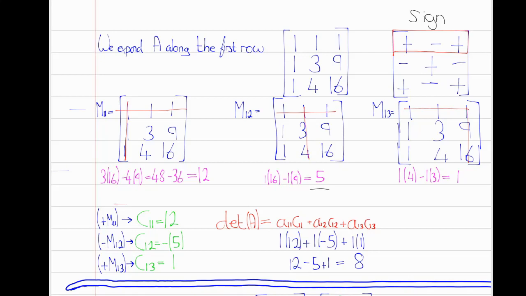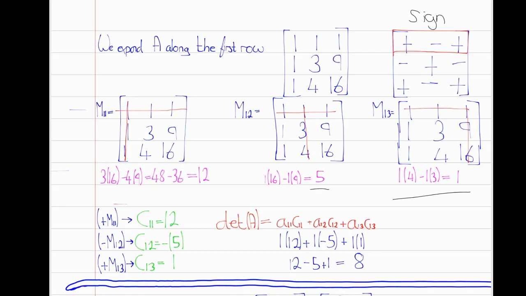Again, minor 1, 3, remove first row, third column. In doing so, we're going to get a matrix 1, 4, 3, 1. So we're going to go 1 times 1 minus 3 times 4... we're going to have a determinant of 1. Now, C11 is going to be 12 times positive 1, because minus 1 to the 1 plus 1 is going to be 1.